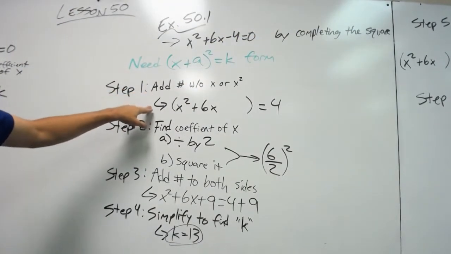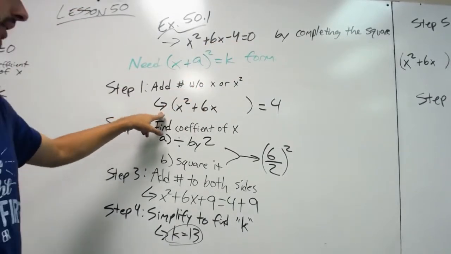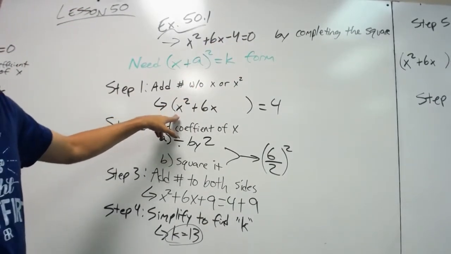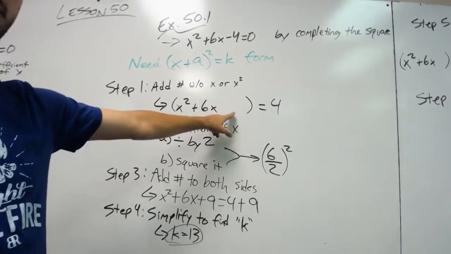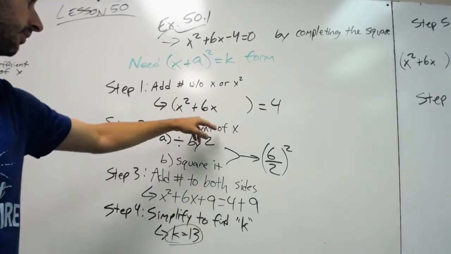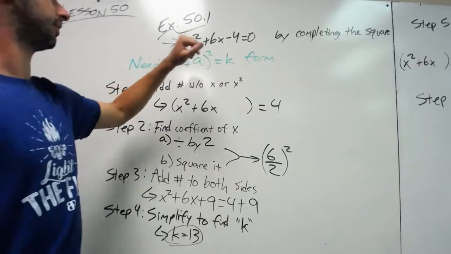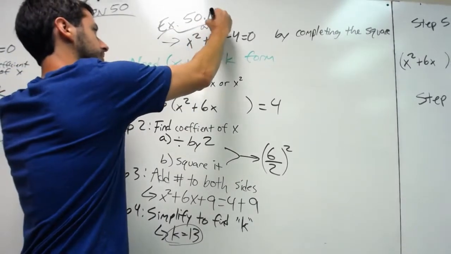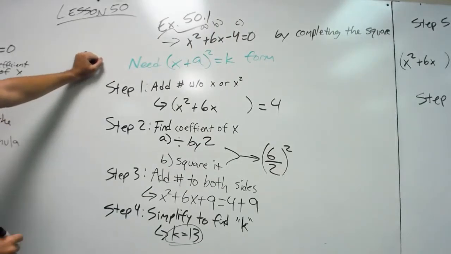So I added the 4 to the other side, and that leaves me with x squared plus 6x equals 4. Notice I left a blank here, and we'll get to why in a second. That's the first step: if I call the terms A, B, and C, get rid of C, get it on the other side, and isolate A and B.